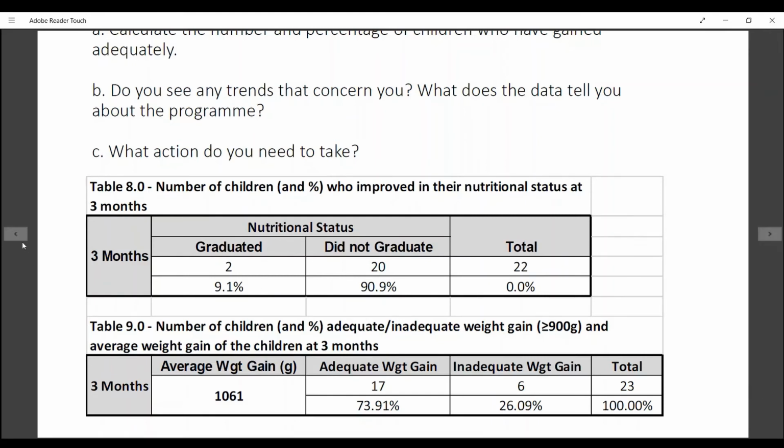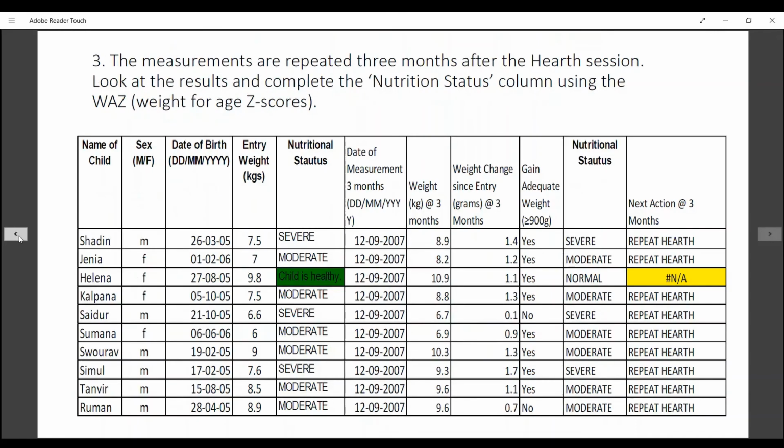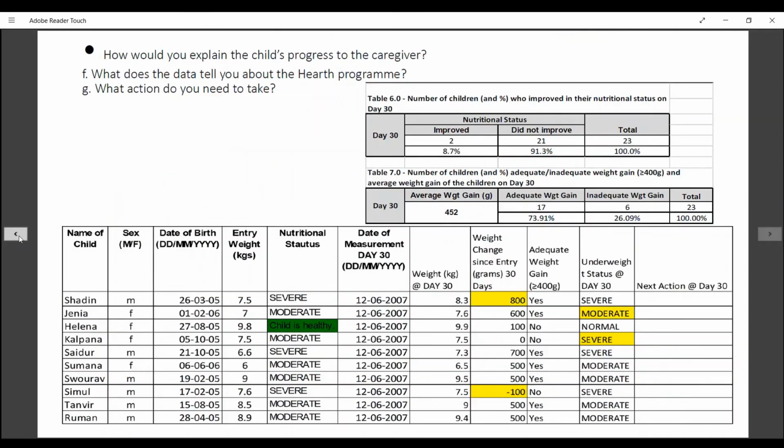When we look back into the 1 month data, we could see some trends here on the improvement in nutrition status. Although the average weight gain was around the expected, and we had a high percentage of children with adequate weight gain, the percentage of improvement was very low.